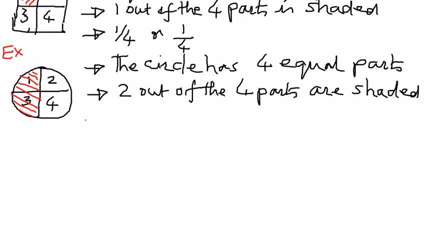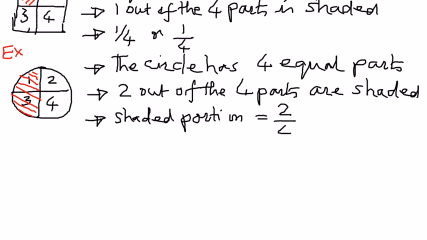And then the third observation we have here is the shaded portion of the circle is represented by a fraction as 2/4, right? The shaded portion is two parts divided by the whole four parts.